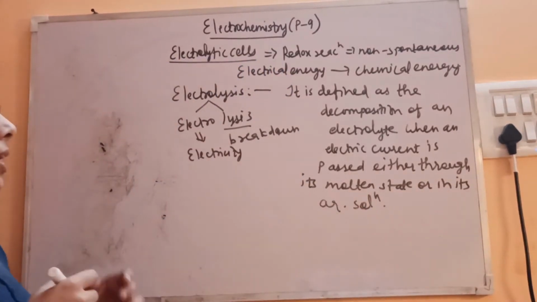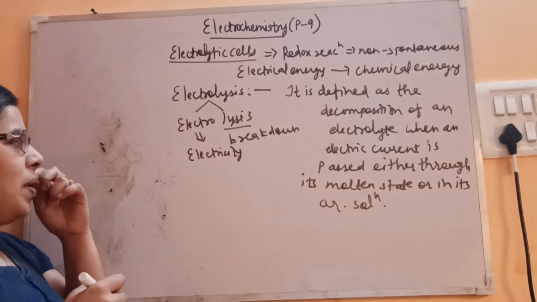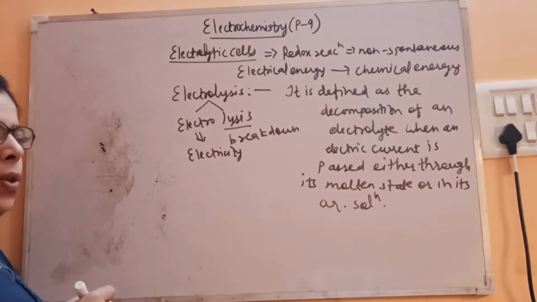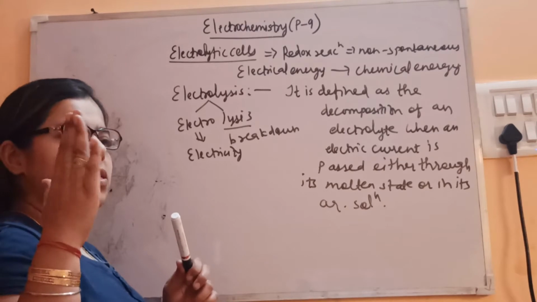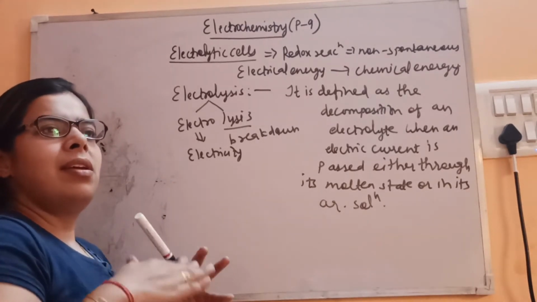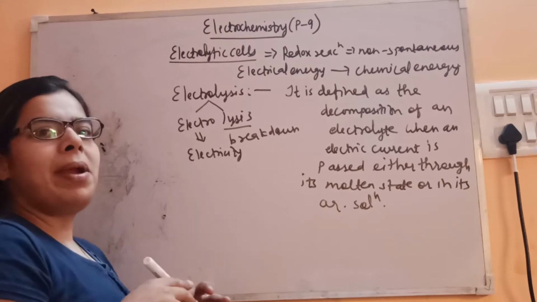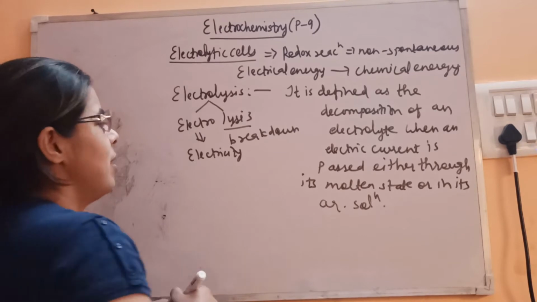So the electrolyte gets decomposed in the presence of electricity either in its molten state or in its aqueous solution. It gets dissociated into its constituent ions, and then the ions move to their respective electrodes and get deposited over there in the form of products.